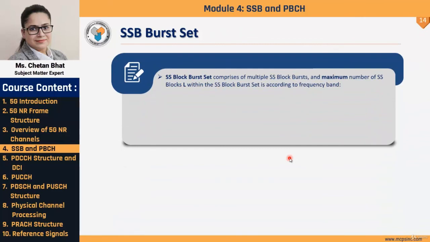The SSB burst set defines the maximum number of synchronization signal blocks within a particular burst set, and it will depend upon the frequency band. If the frequency range is up to 3 gigahertz, then the maximum number of SSB blocks in one SSB burst is 4.